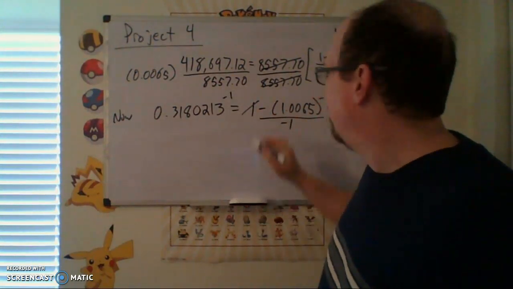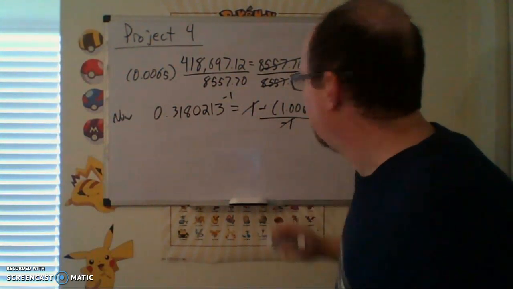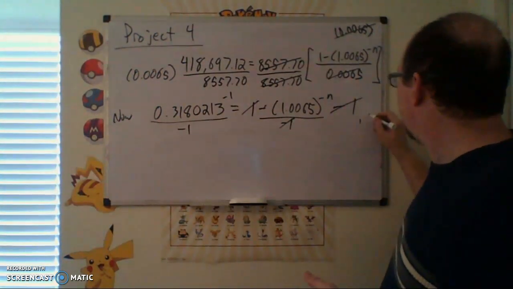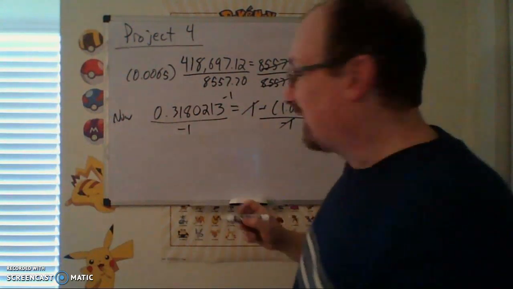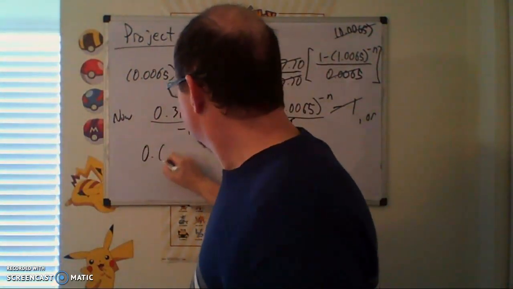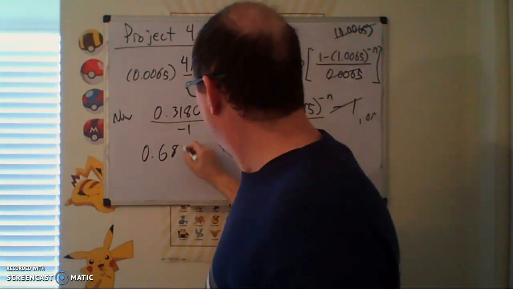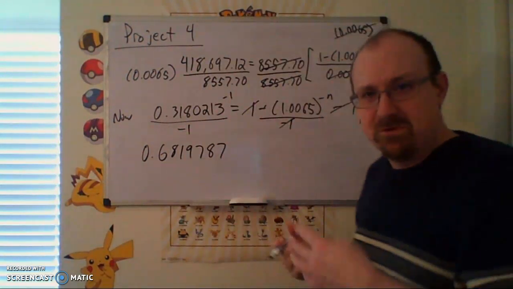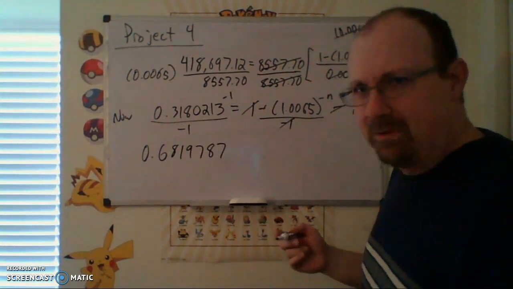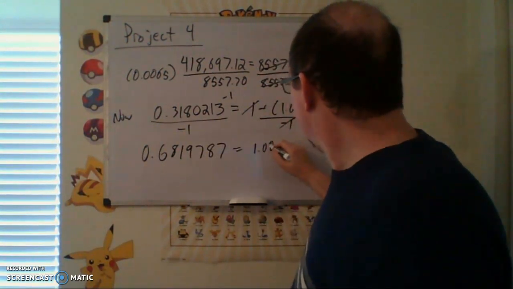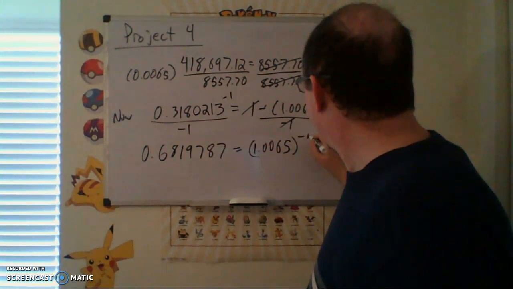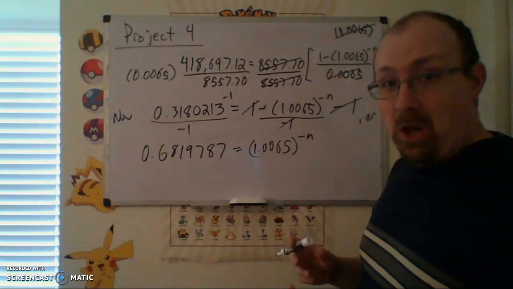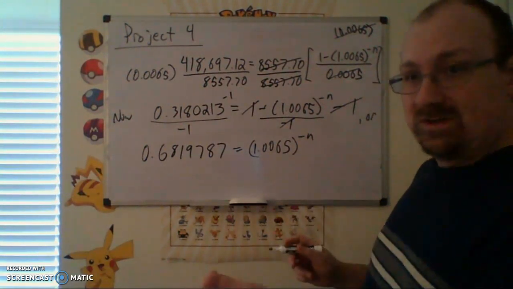I mean, you could technically multiply, but same deal. So that becomes a plus. That goes away. And now this whole thing is divided by -1. When I work that out, I get 0.6819787. Again, I'm rounding for the sake of the board, but 1.0065 to the negative n. Awesome. Here's where the logarithm comes in. So we take a log.